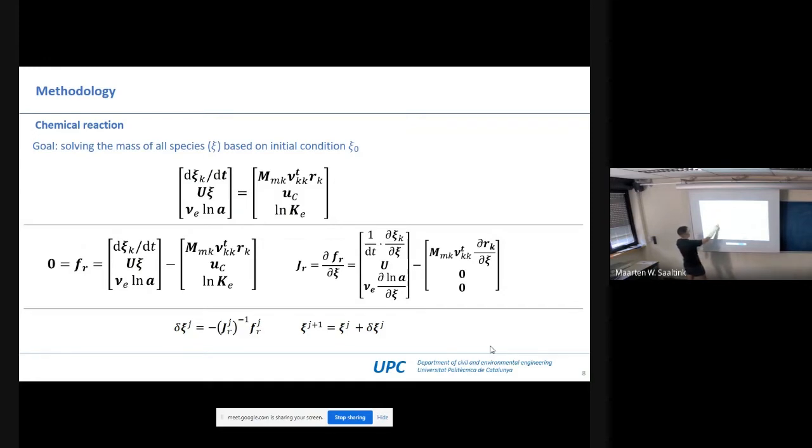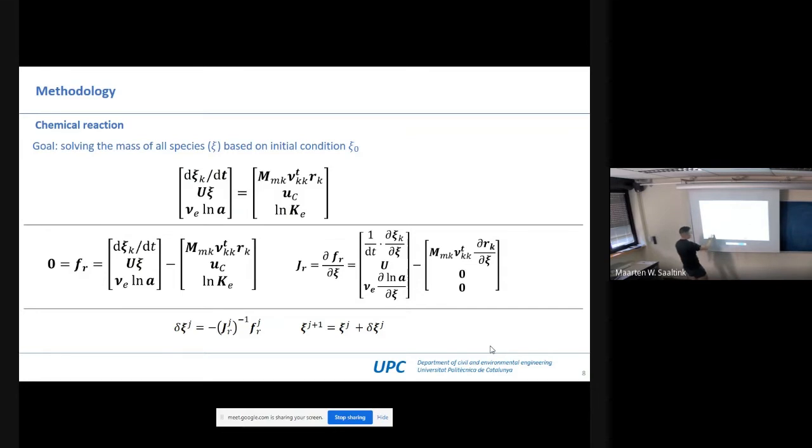This is the Newton-Raphson form of the function system. To solve this, we need the Jacobian matrix of this function system, and the Jacobian matrix is the derivative of this system.